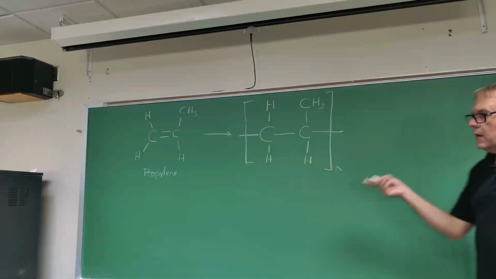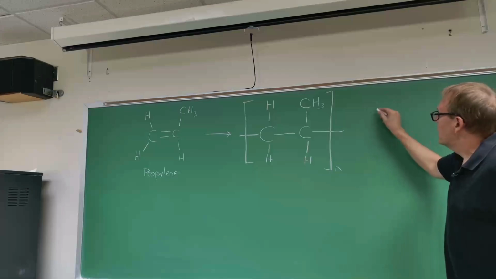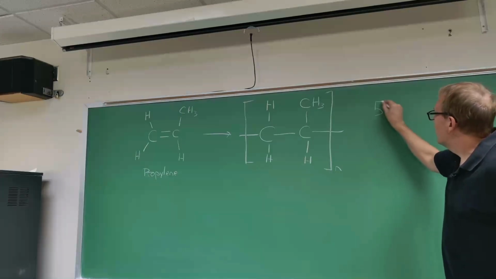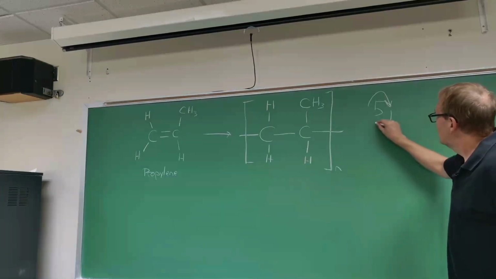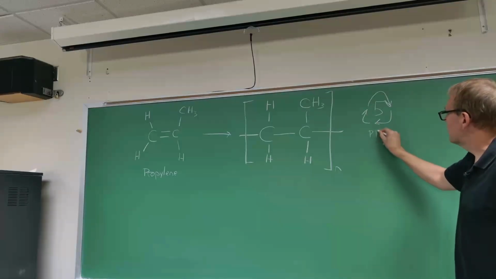And this molecule, because it came from propylene, is called polypropylene. And it has recycling symbol number 5, and there's a PP below it for polypropylene.